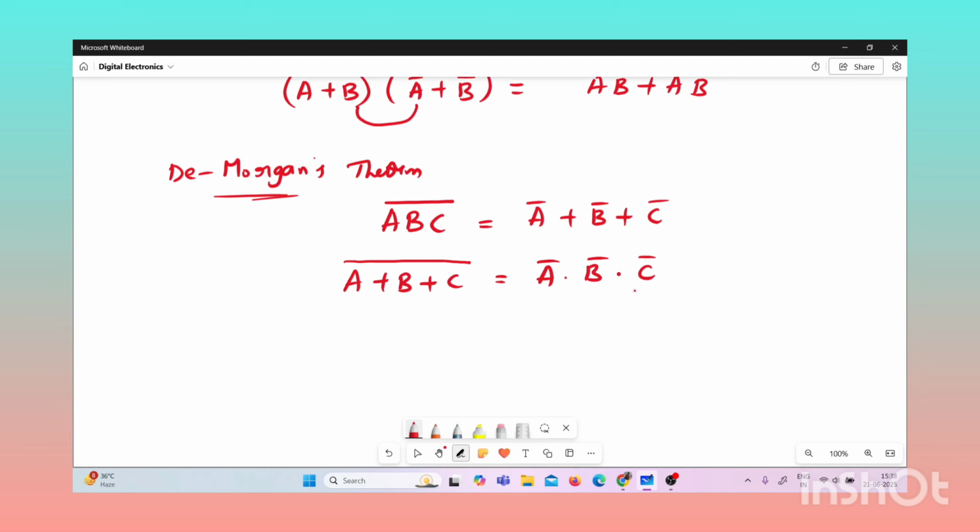Many times while simplifying expressions, we will use De Morgan's theorem. The complement of the product term is equal to the sum of the complements. Similarly, the complement of the sum term is equal to the product of the complements of the variables. So ABC whole bar is equal to a bar plus b bar plus c bar, and a plus b plus c whole bar is equal to a bar dot b bar dot c bar.